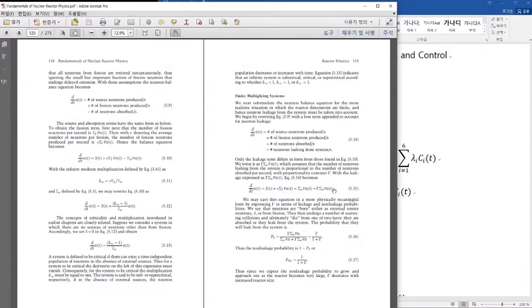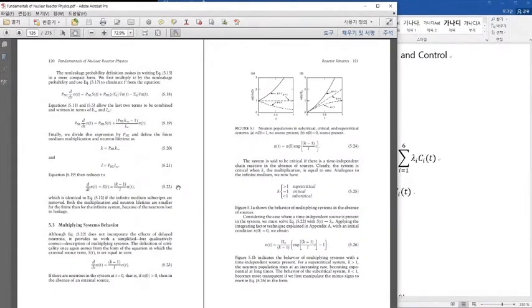Because if more neutrons are present, there would be a much stronger neutron flux, and then much more neutrons will leak out of the system. That is why we introduced this factor capital gamma. By utilizing it, we arrived at equation 5.22, which is now applicable to a finite nuclear reactor.